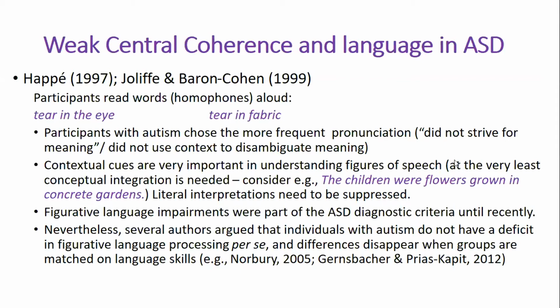So it's important that you take into account the context and come up with the appropriate interpretation of these expressions. Based on this early research, figurative language impairments were part of the official ASD diagnostic criteria until quite recently, until I think 2013, when the new DSM, the statistical manual, was published.